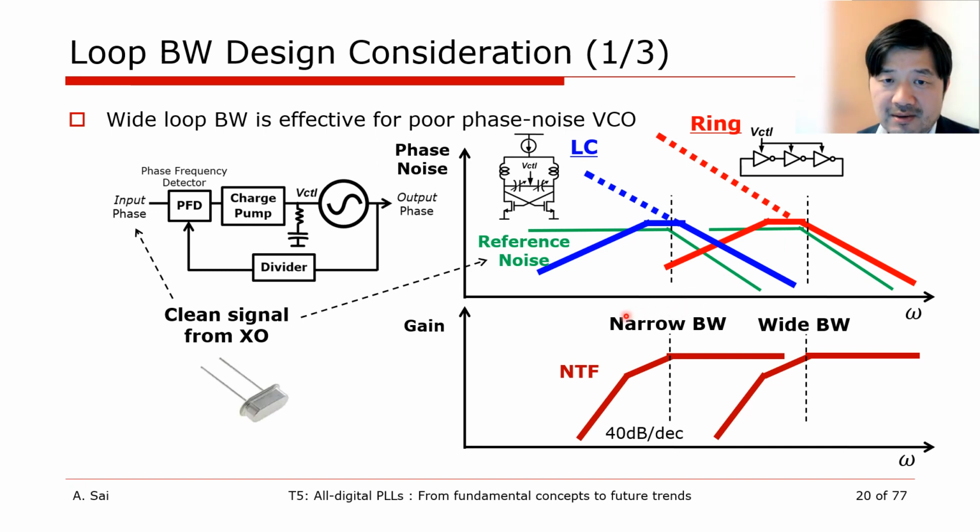In other words, the higher the loop bandwidth, the more the PLL will follow the input phase, such as from crystal oscillator. And on the other hand, the lower it is, the more the PLL follows the VCO phase.